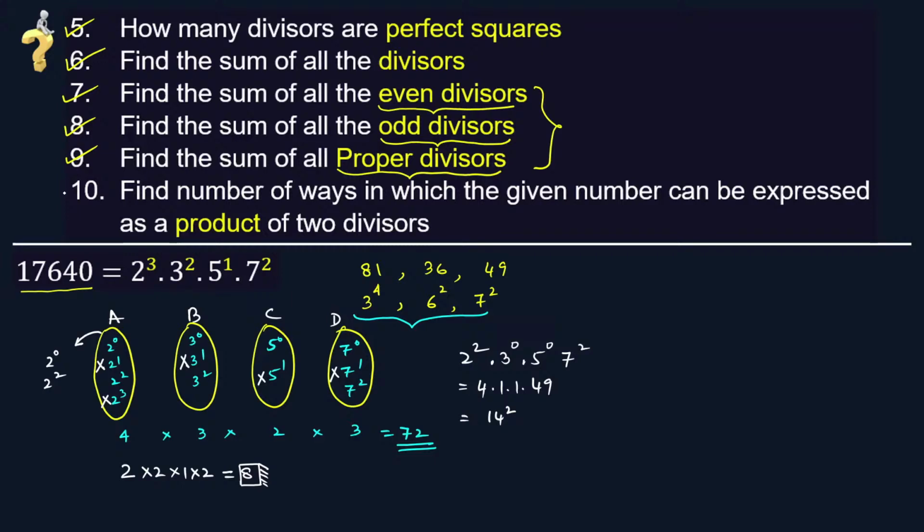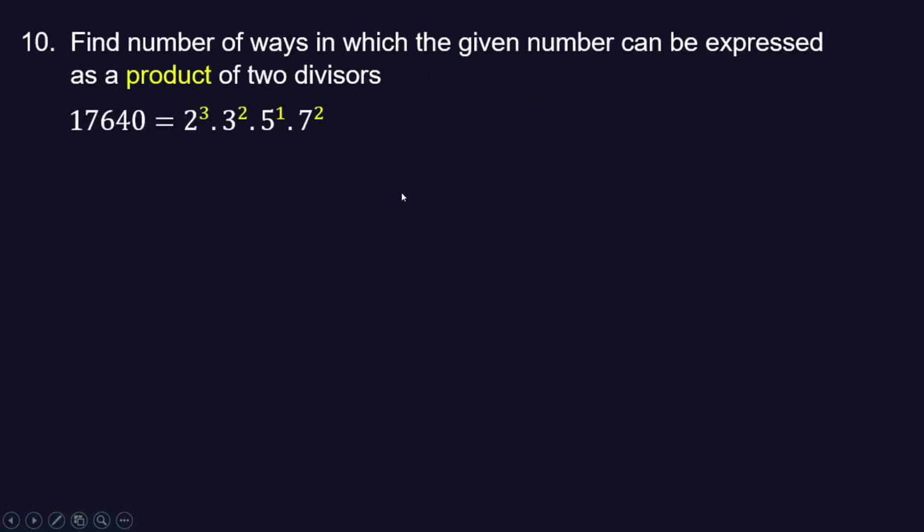So now we are coming to this part, which states: find the number of ways in which the given number can be expressed as a product of two divisors. Okay, product of two divisors. To understand this, let me take our previous example, which was 60. And 60 was written as 2 square into 3 into 5.